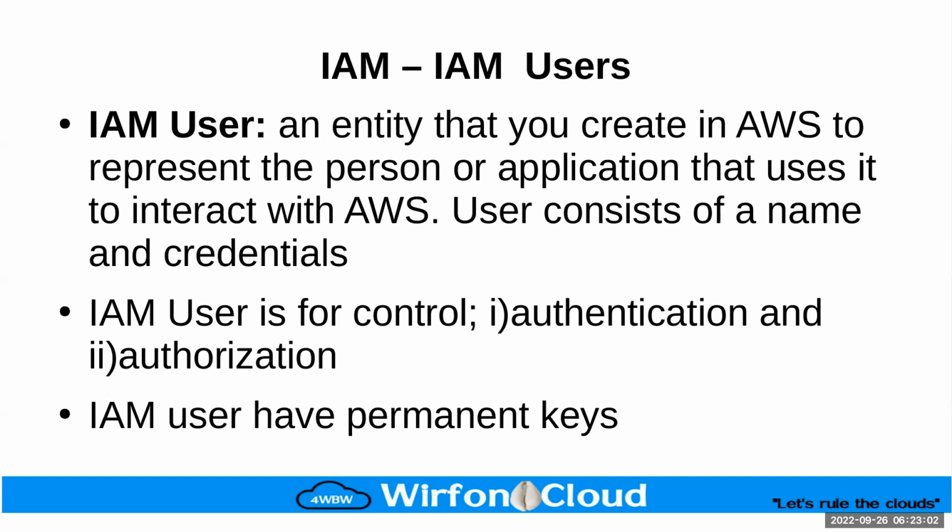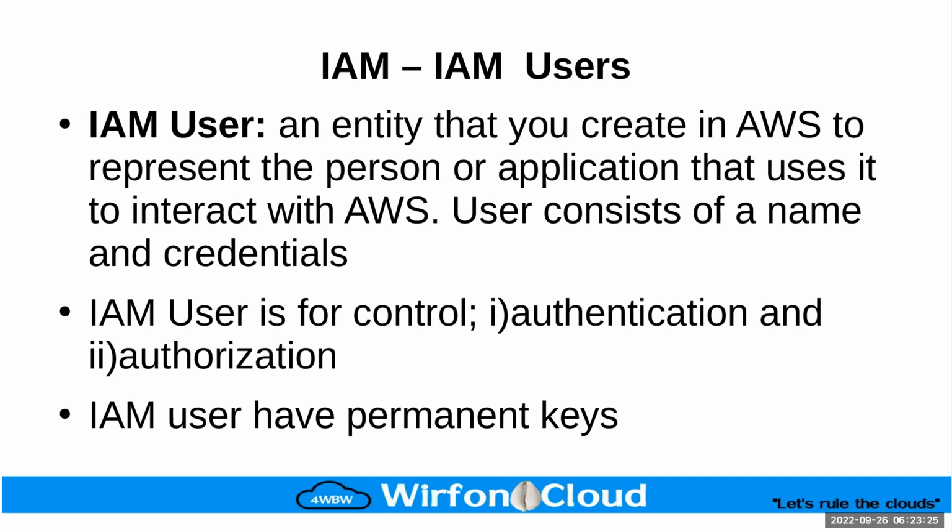So let's talk about the IAM user. It is just an entity that you create with AWS to represent the person or application that uses it to interact with AWS. Remember that you have AWS services, and you need to be able to interact with them.